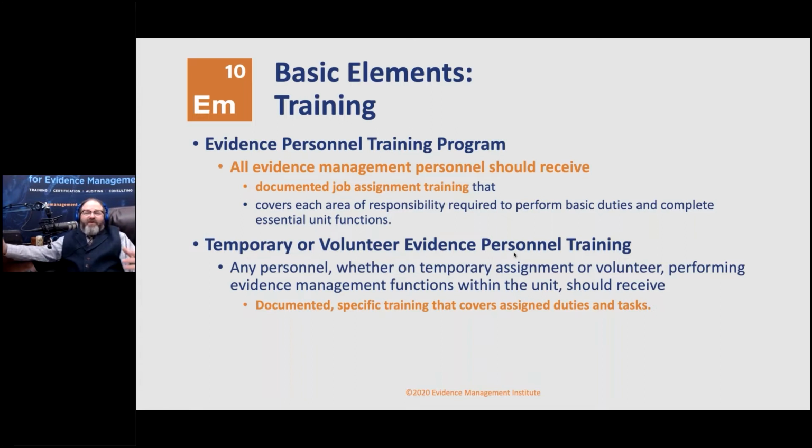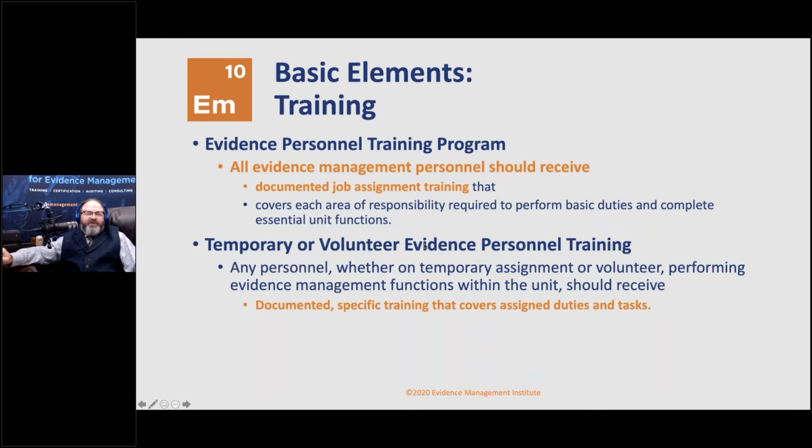If we don't train our employees how to take in evidence the way our agency takes in evidence, or how to dispose of evidence appropriately, then we're exposing ourselves to a huge liability with respect to training, but we're also doing our employees a disservice by not equipping them appropriately to do their jobs. So evidence personnel should receive training in those specific job areas, just as a baseline for doing their jobs.